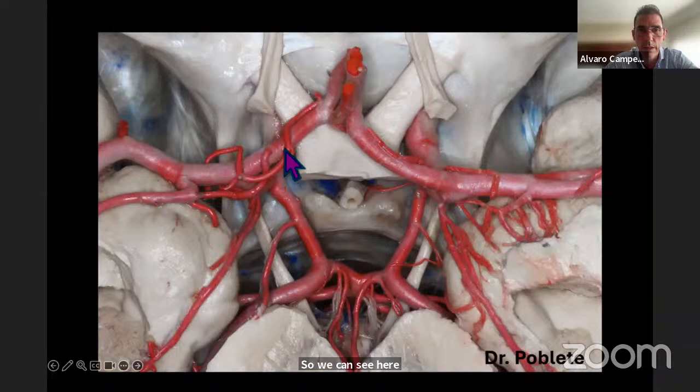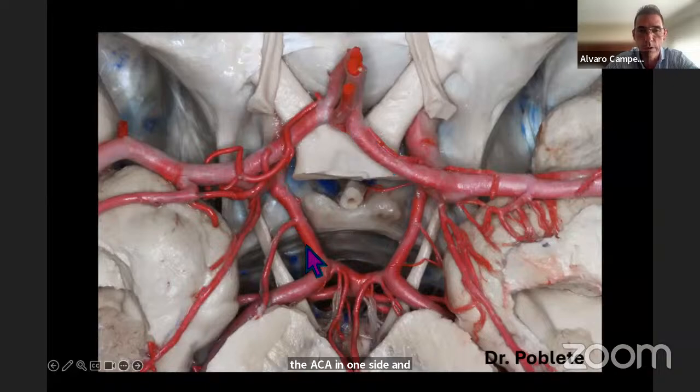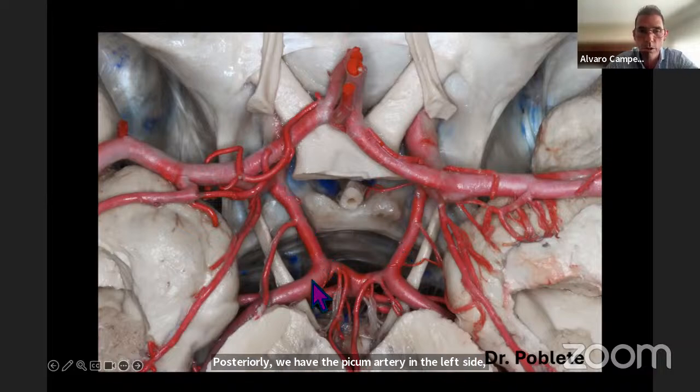So we can see here the circle of Willis. This is the anterior cerebral artery on the left side, on the right side, and the ACom is between the ACA on one side and the other side. And posteriorly, we have the PCOM artery on the left side, on the right side, continuing with the posterior cerebral artery on one side and the other side.